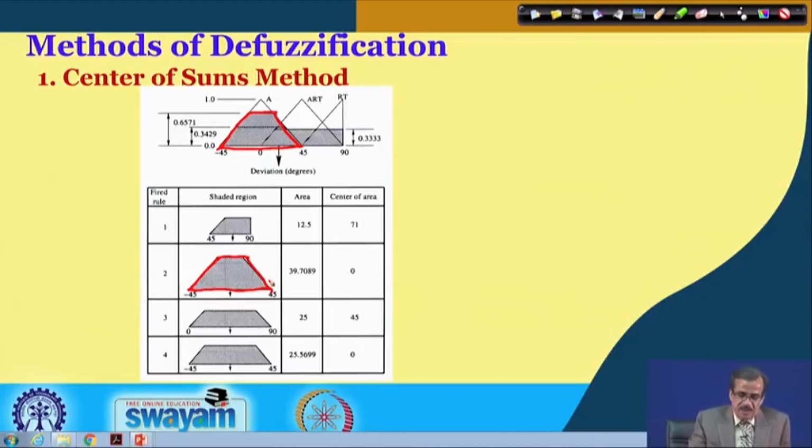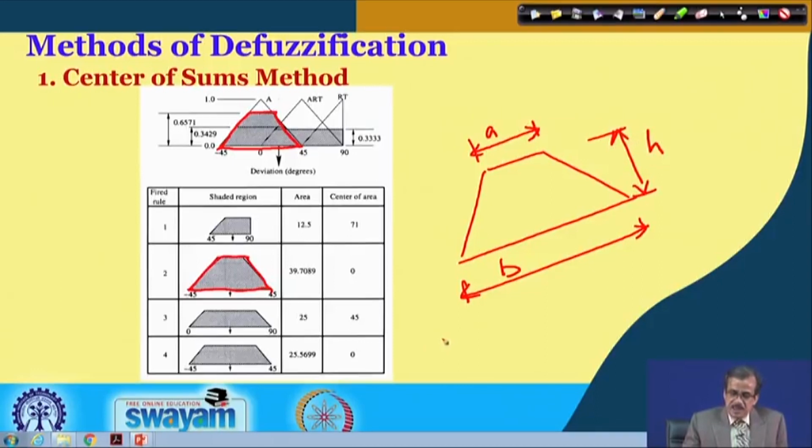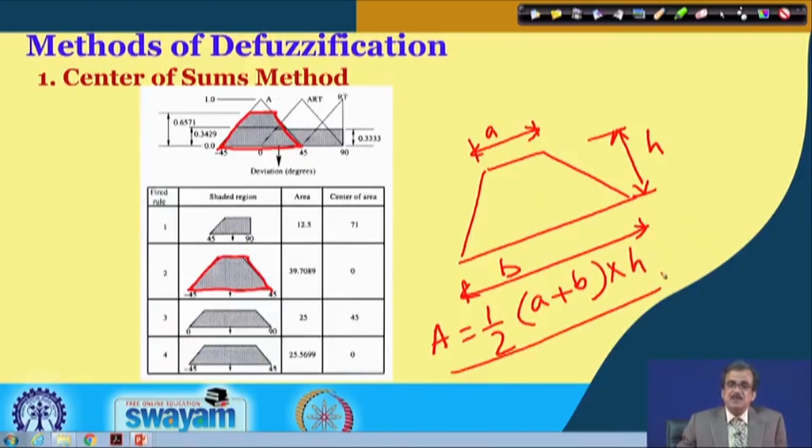How to find out the area and center of area? It is very simple, it is just like a trapezium. For this trapezium, if I know this particular dimension say A, this particular dimension say B, and this particular dimension say H, very easily I can find out this area is nothing but half into A plus B multiplied by H. This is nothing but the area, and if you calculate, you will be getting this as the area.